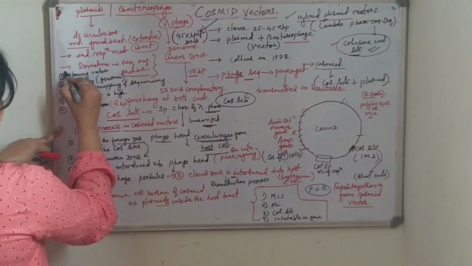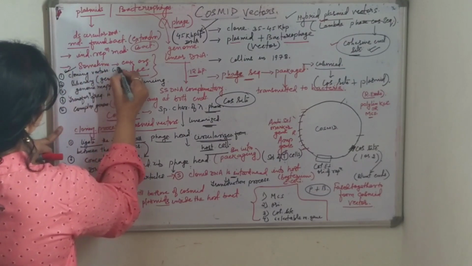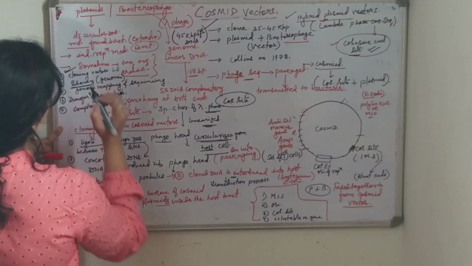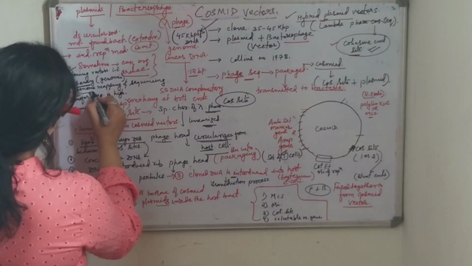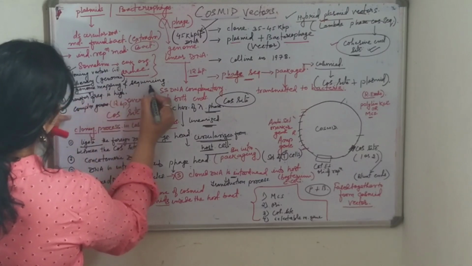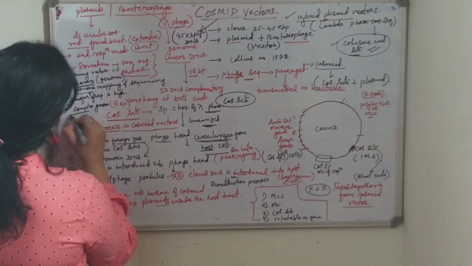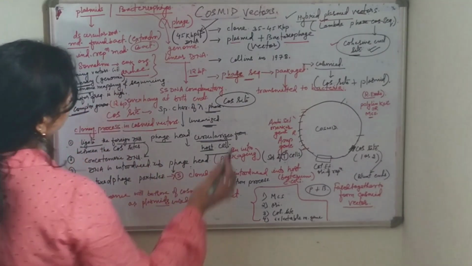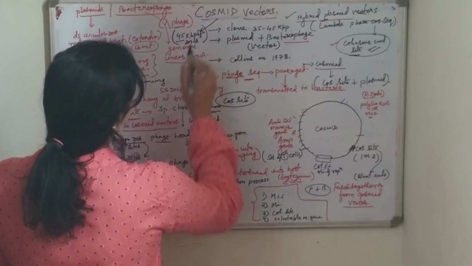It is used as cloning vectors in genetic engineering or RDT process. It is used to make stable genomic libraries. And this cosmid library is used for genome mapping and sequencing. Transformation frequency is high, and it is used for the analysis of complex genome, and the most important thing, it can clone up to 45 kbp of DNA.